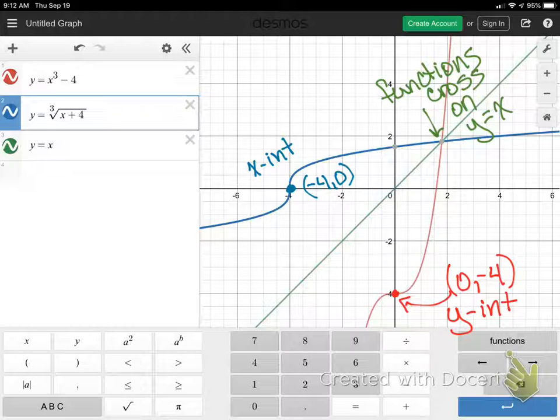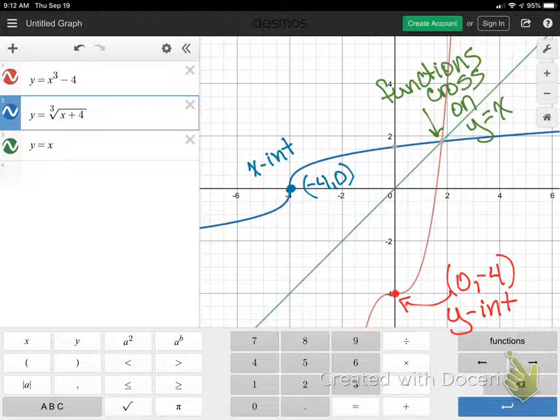So I can take the cubed root of negative numbers. And that's what you need to understand right here. Do you see how my radical, you know it as a square root symbol, has a little 3 right there? That means I'm taking the cubed root of x plus 4.